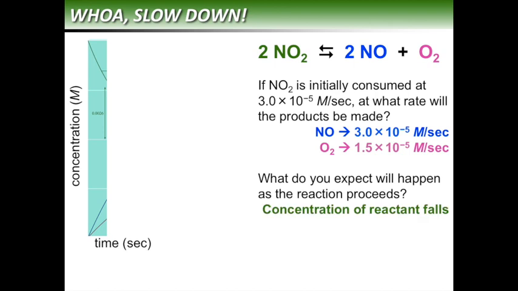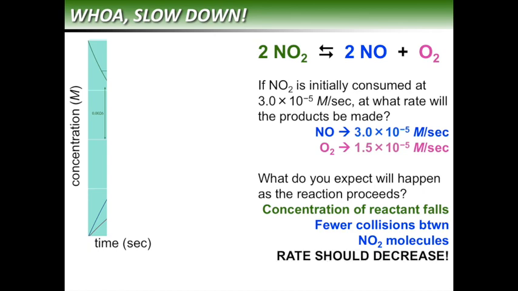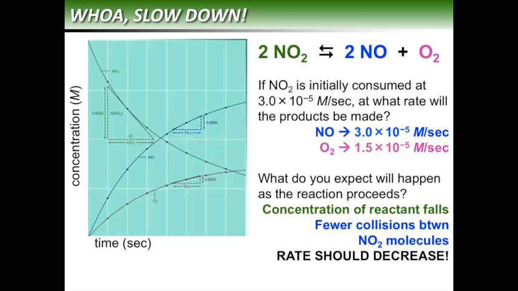And what that's going to mean to us is that there are fewer collisions taking place between molecules of nitrogen dioxide. That fewer number of collisions, because there are fewer molecules to begin with, and the partners they need to bang into are further away from them, is going to end up meaning that the reaction rate slows down.